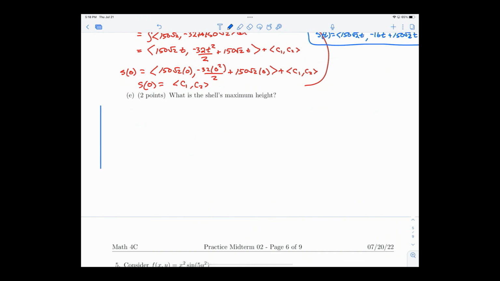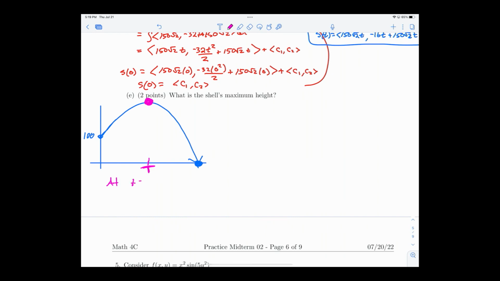Of course the point is that we're starting at 100 and aiming up, so it goes up and then comes down and hits 0. But the question is, what is its maximum height? The maximum height is right here, so I'll call that time capital T.